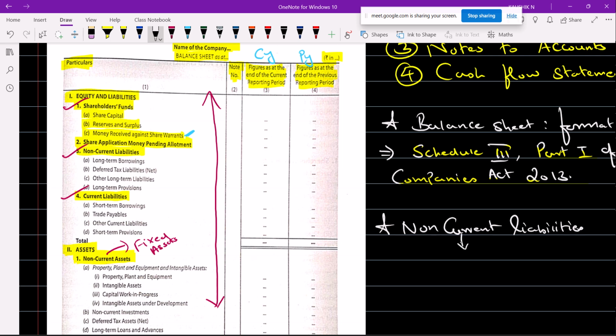When you say non-current, that means more than 1 year. If you have any liabilities or obligations to be paid, and the time duration for those liabilities is more than 1 year, then they are declared as non-current liabilities. Usually under this category, you can see some examples.